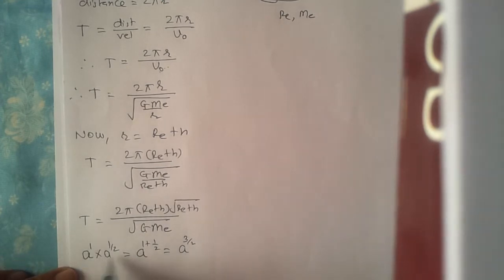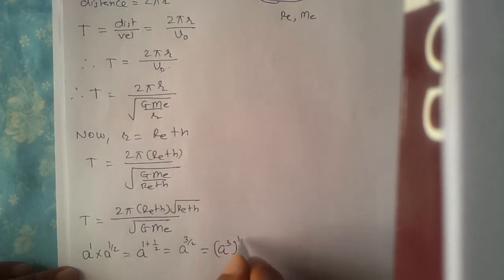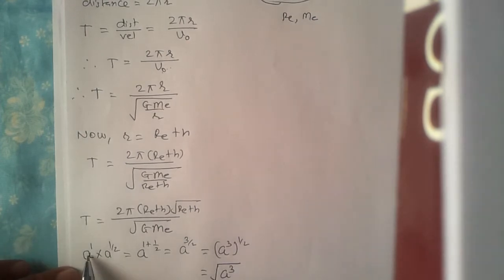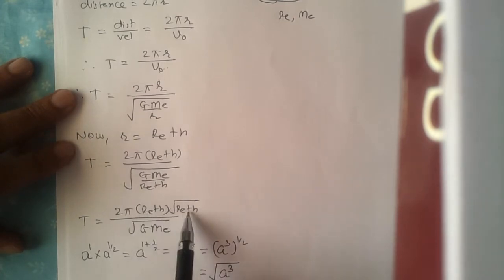A raised to 1 into a raised to half is a raised to 1 plus half by law of indices, and this will give me a raised to 3 by 2, and this can be written as square root of a raised to 3. So if I have a raised to 1 into a raised to half, that can be written as square root of a cube. Similarly, here I have R_e plus h and square root of R_e plus h, so it's like a into a raised to half.